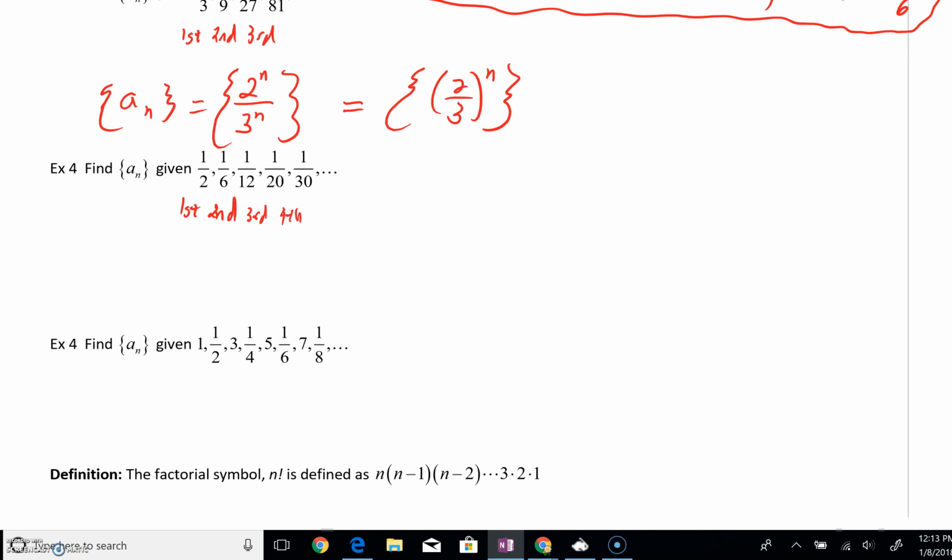Perhaps we're not seeing obvious powers of a number. You look at your 2 and your 6 and your 12, it's not as if we have 2 to the first, 2 to the second, 2 to the third. As we begin to wrestle with this, sometimes these become very interesting puzzles.